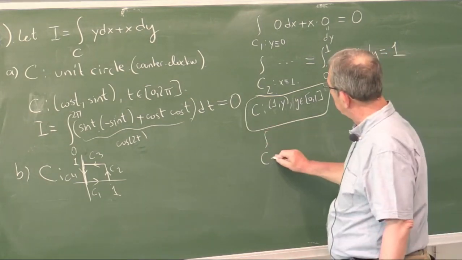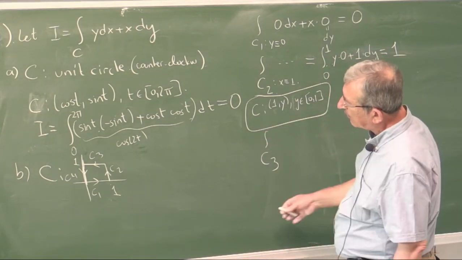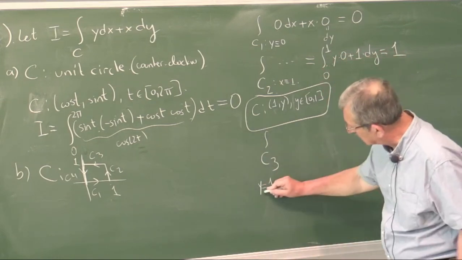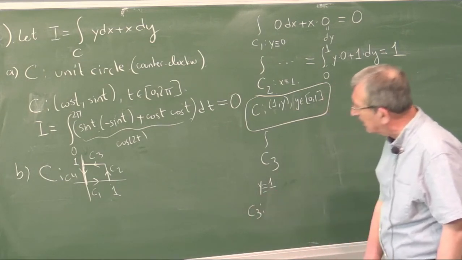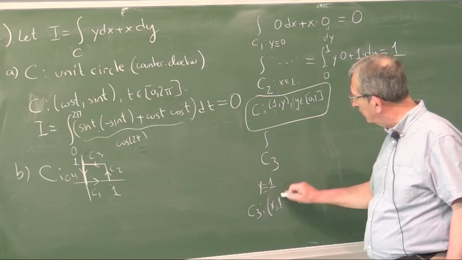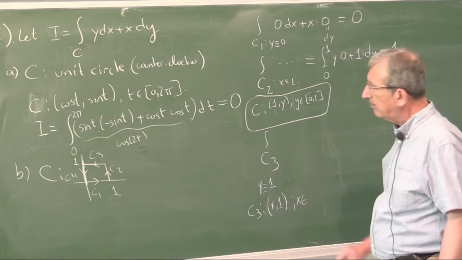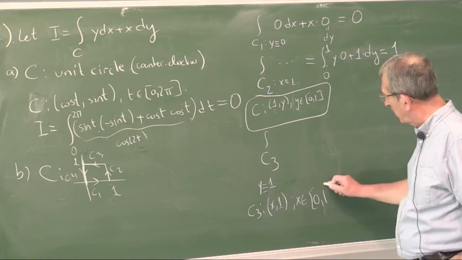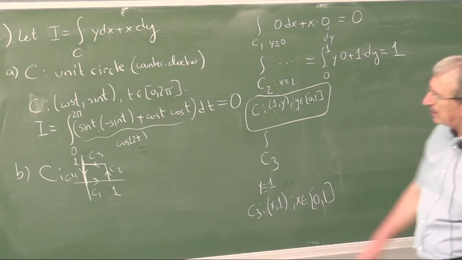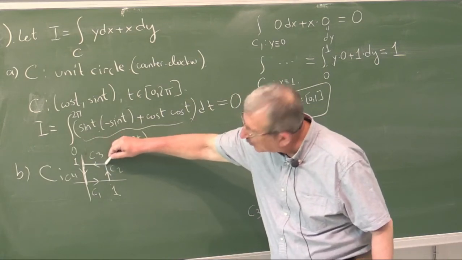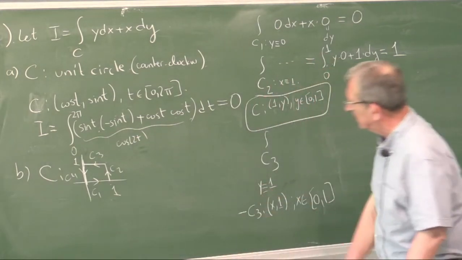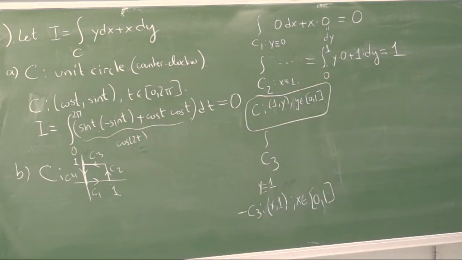On C3, well, first of all, y is constant and 1. So we can parametrize C3 very easily. Namely, it is of the form (x, 1), and x changes from 0 to 1. Well, at 0, we are at this point. At 1, we are here. So the direction is opposite. So this is minus C3.